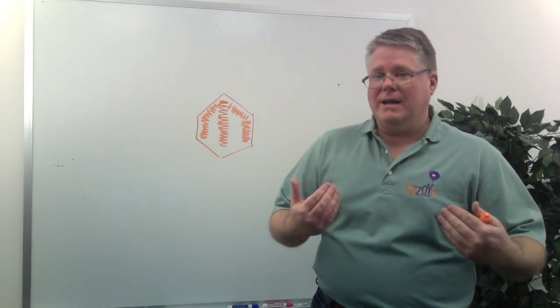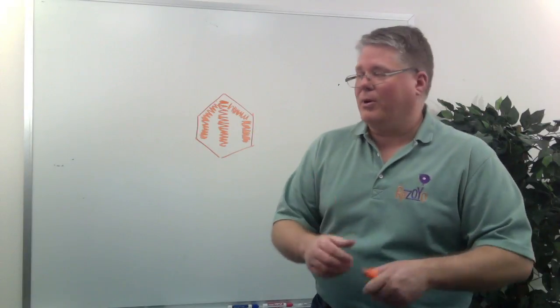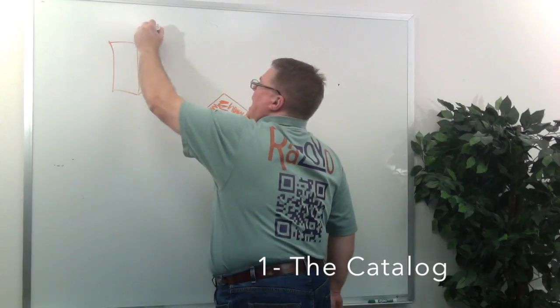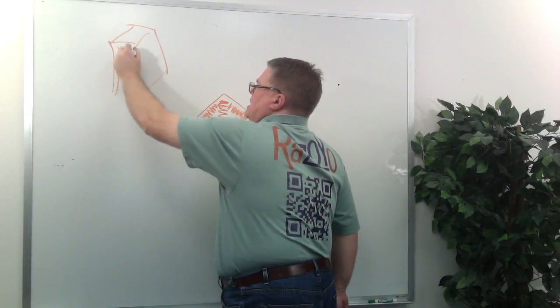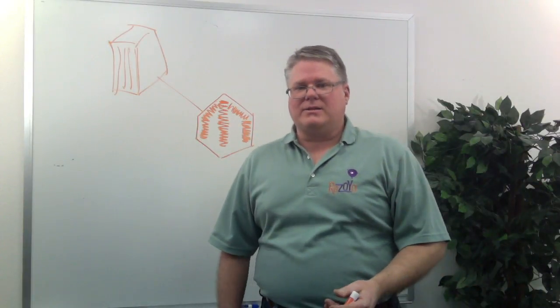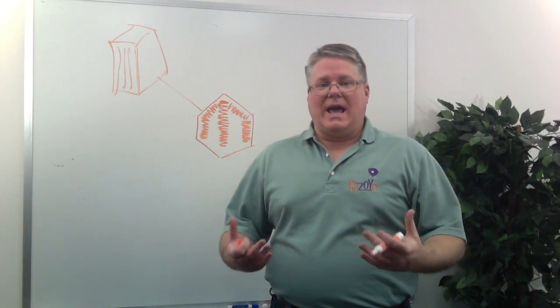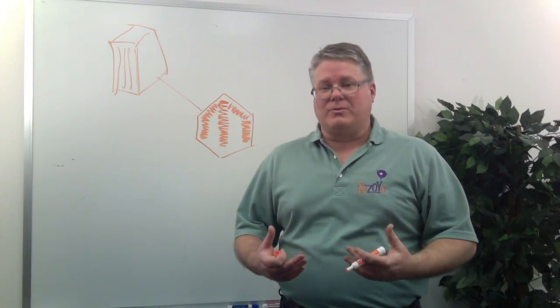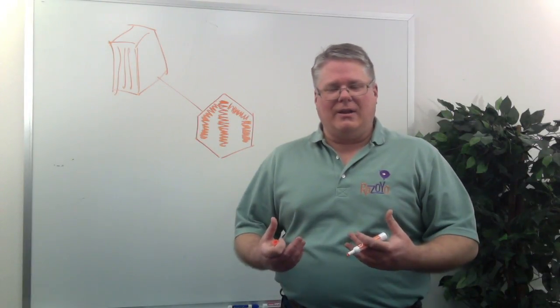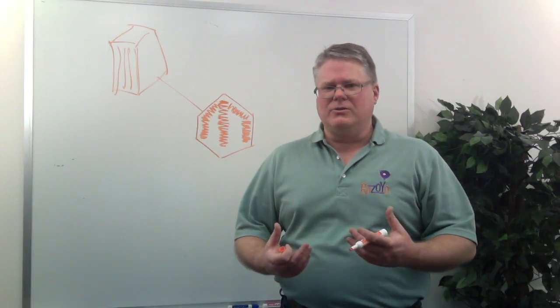So in my mind and in my experience, the most important part of Magento is the Magento catalog. Magento's catalog is a place to keep your products. It's a database, it's a list of products, call it what you want, but the catalog is a place where your products reside. When you get the catalog right with Magento and you have a well-designed catalog, you can create some really fantastic user experiences.